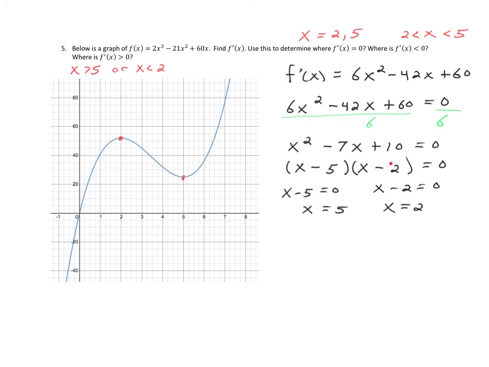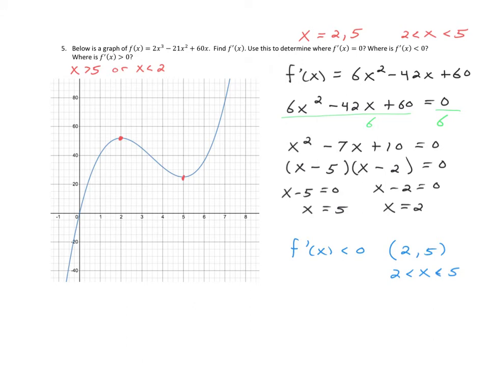You put these two numbers into this equation, your derivative becomes 0, and that's referring to the place where your original function is horizontal. Now, in terms of where is the derivative negative? We already saw this. I'll write it as an interval, but that's from 2 to 5. Or you could write, 2 less than x less than 5.